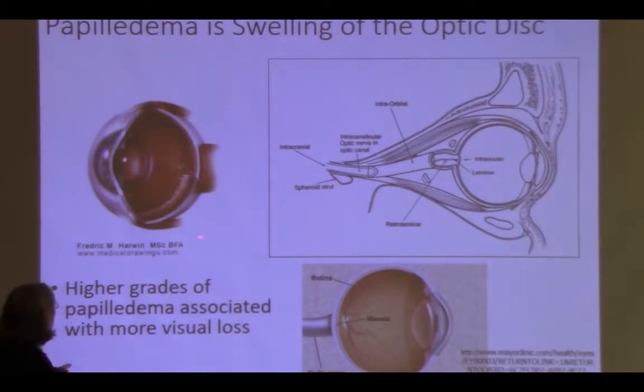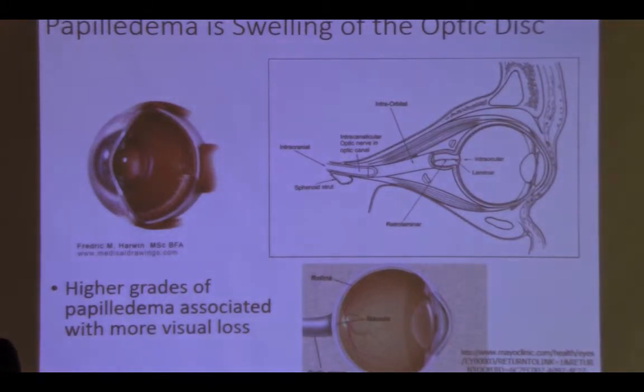So what are we looking at? When we see somebody, we're going to use an ophthalmoscope or a device to look in the back of the eye. What we're doing is looking through the eyeball to look at the back of the eye, and this is where we're looking, at the optic nerve. On this cartoon you can see, here's the eyeball, here's the optic nerve.